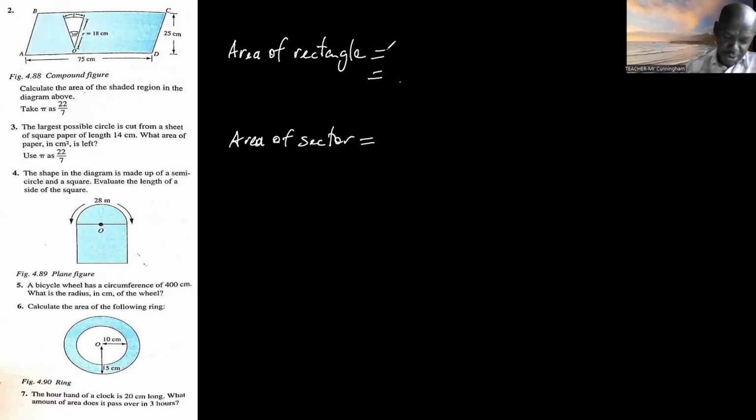People remember to use your brackets, open brackets, put your value, close brackets. So, how many significant figures do you want this answer to? Give me two decimal places. All right, okay.